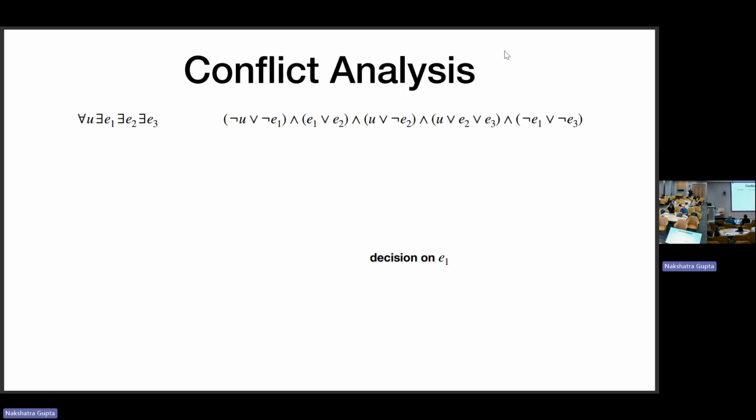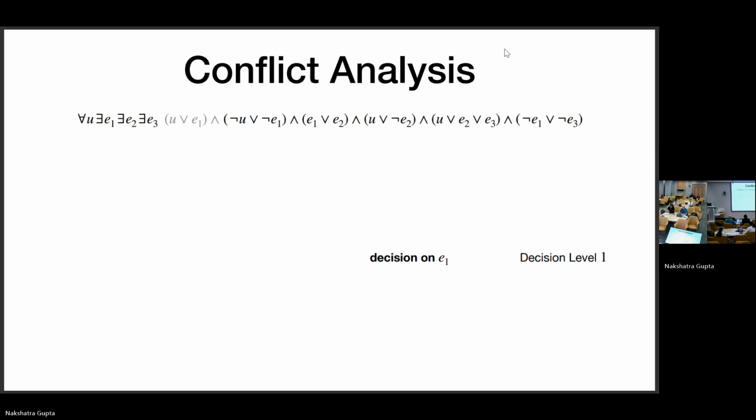So suppose we make E1 deterministic by adding a clause which says, okay, well, if U is false, then E1 has to be true. Now, in this very simple example, we can just add a clause to make E1 deterministic. In general, that's not the case, but in this example, we can. So we'll call that a decision clause or decision constraint.